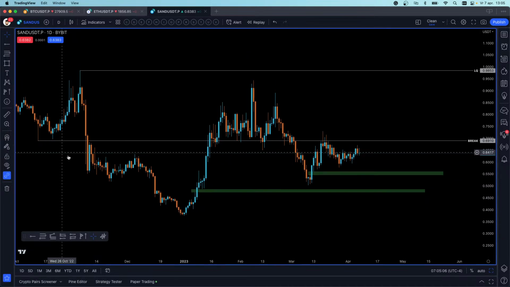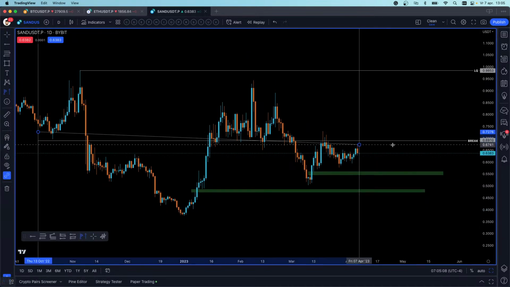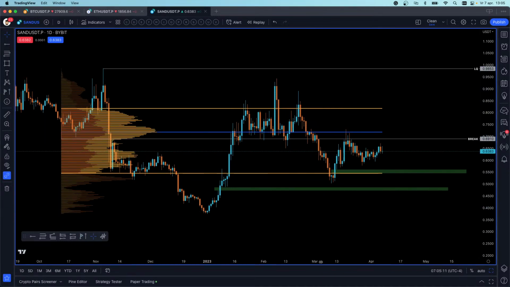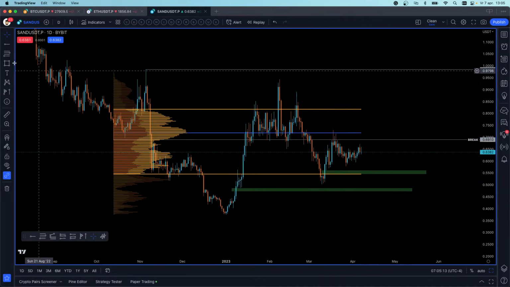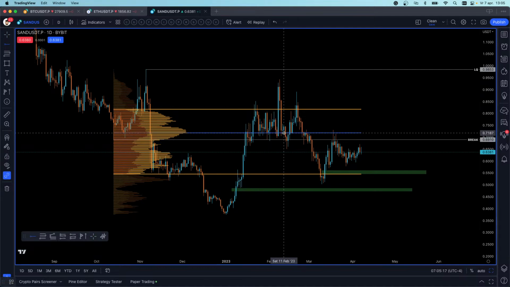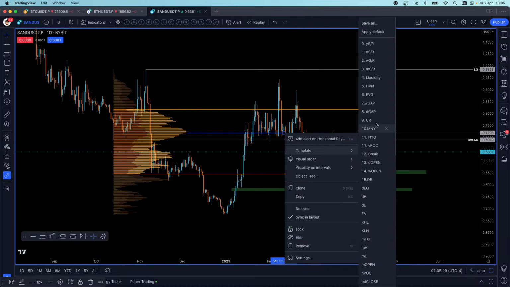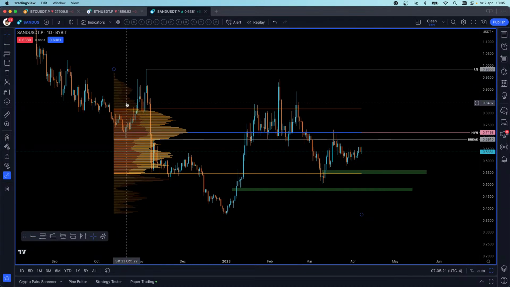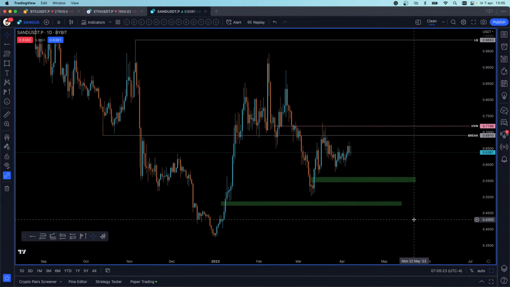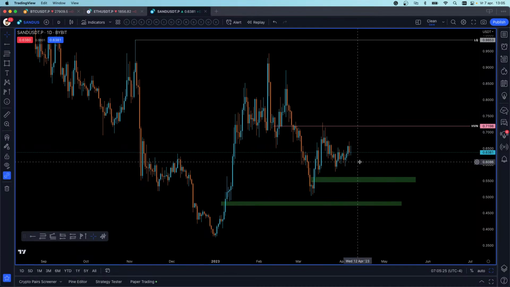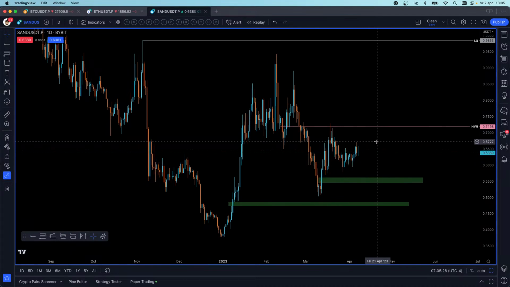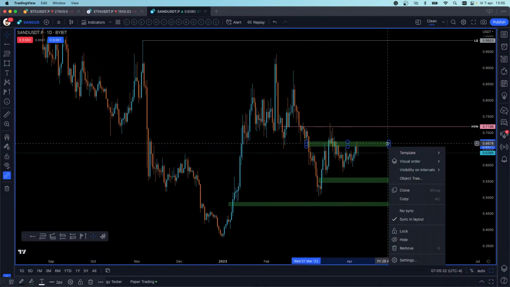Then we can use the fixed range. We are below the high volume node. Traded back into this gap, held as resistance.